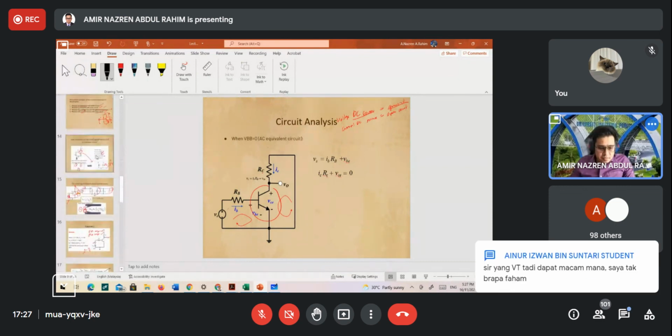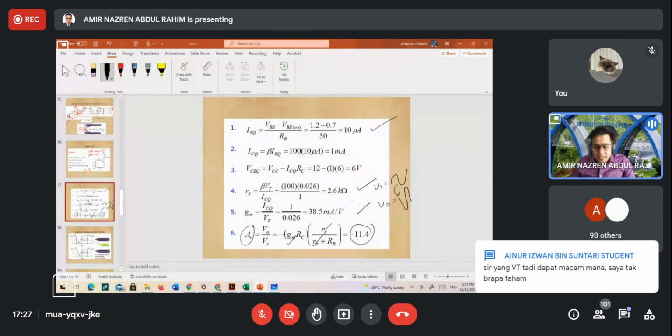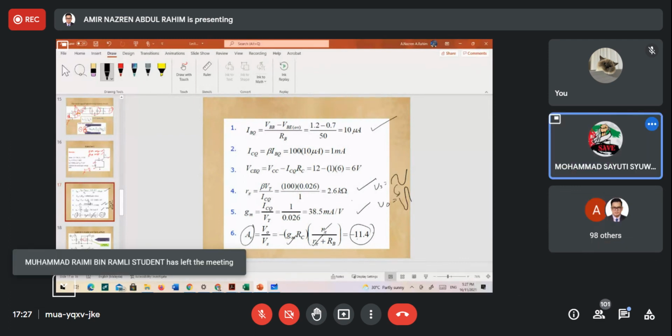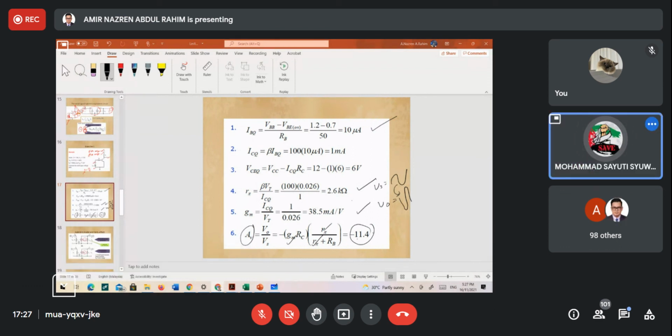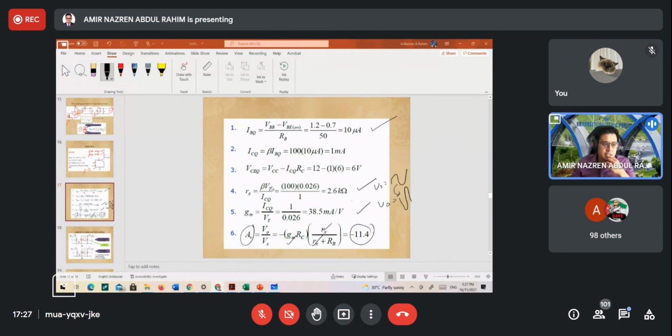Alright. Faham ke? Boleh? Yang lain? Okay. So, yang V tu memang fix dah? Yang VT? Dia punya nilai? Ya, VT tu pakai 0.026. Kalau question tak bagi, kita assume 0.026 ataupun kita pakai 0.025. Kebanyakan buku pakai 0.025.